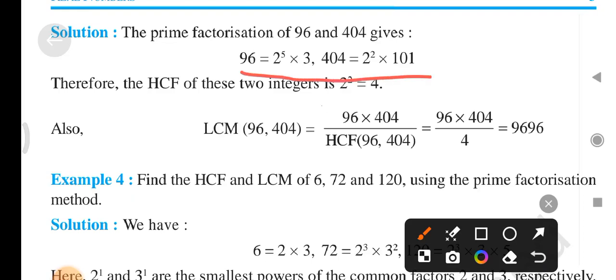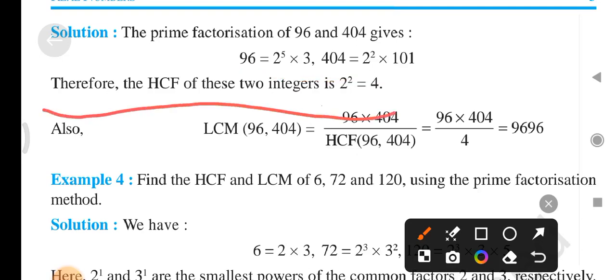96 is equal to 2 to the power 5 into 3 and 404 is equal to 2 square into 101. Therefore, the HCF of these two integers is 2 square, which is equal to 4.